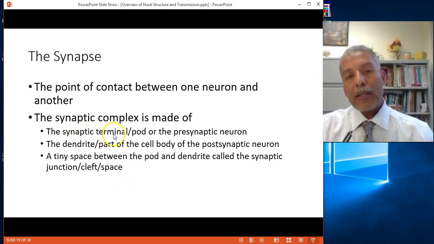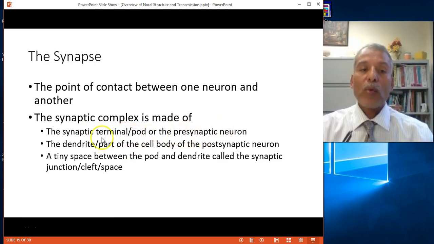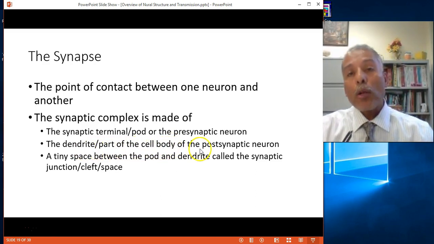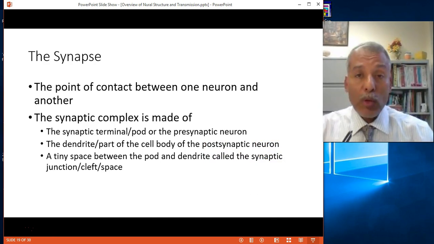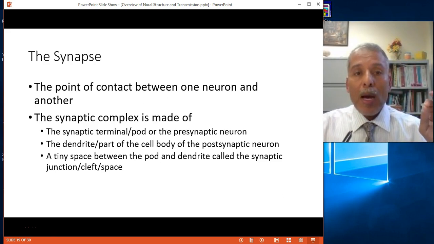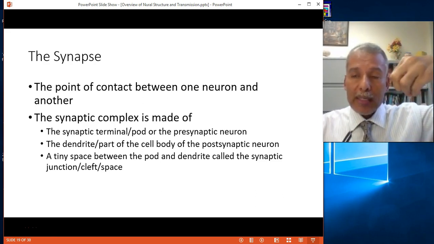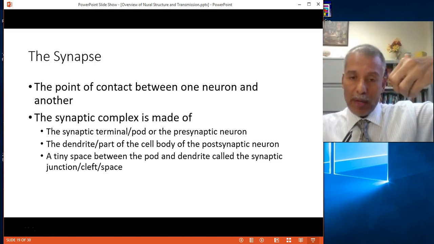So first we have the synaptic terminal, or the pod, of the presynaptic neuron. Then we have the dendrite, or the part of the body that has the specialized receptor channels. The dendrites are always, in that case, part of the postsynaptic neuron. Because what we are describing here is two neurons, one has a signal, and this is going to pass it to the other neuron.